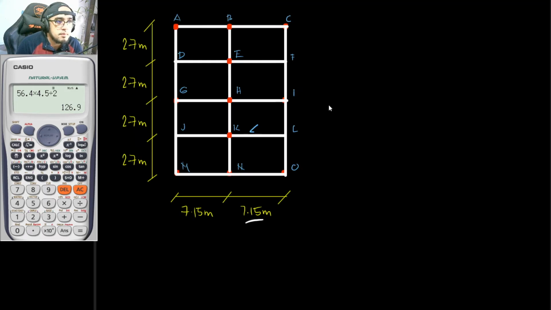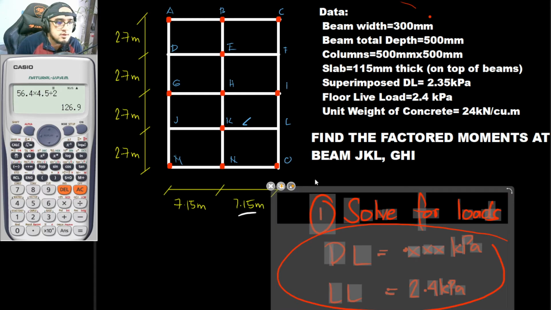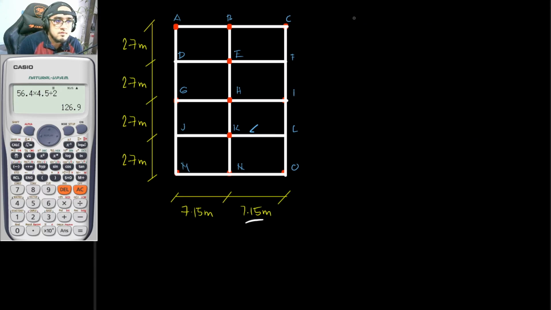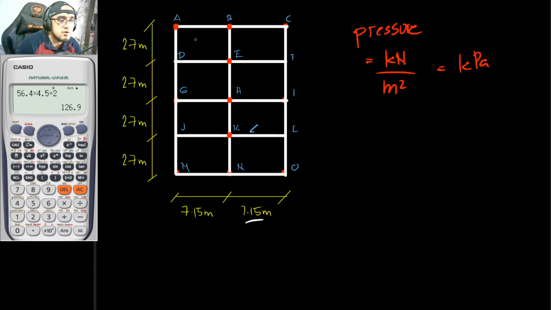So, copy ko lang ulit dito. So once again, how to solve for the line load if you are to be given pressure. When we say pressure, they are to be in terms of force per unit area or kilopascal. Kapag pressure kasi guys, you are to be assuming that the load is acting at a certain area.